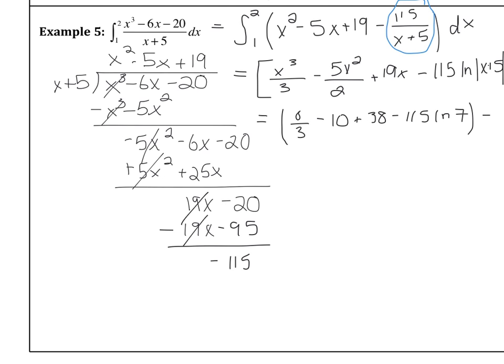And then minus this whole thing evaluated at x equals 1, so that will be 1/3 minus 5/2 plus 19, minus 115 times the natural log of 6.